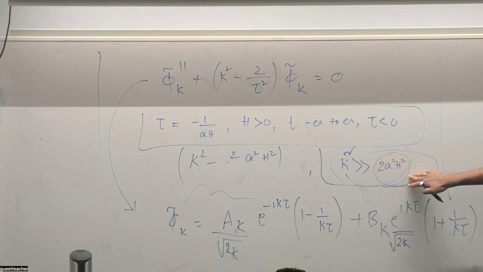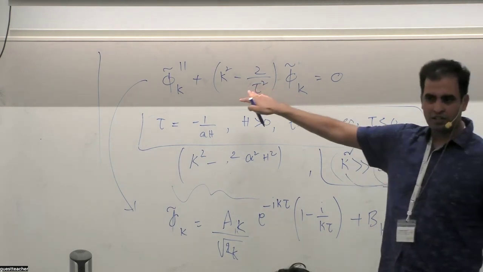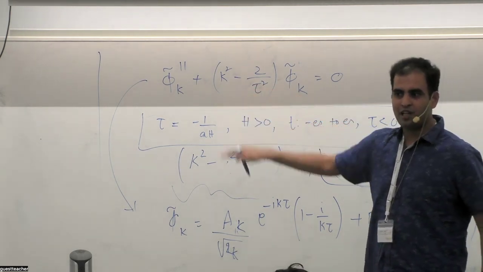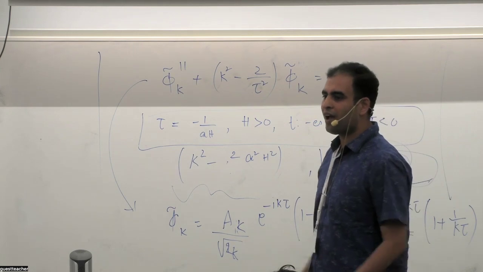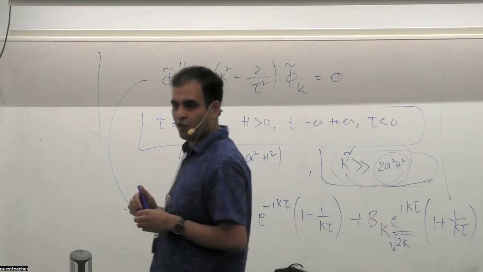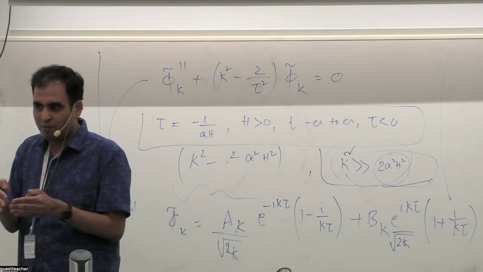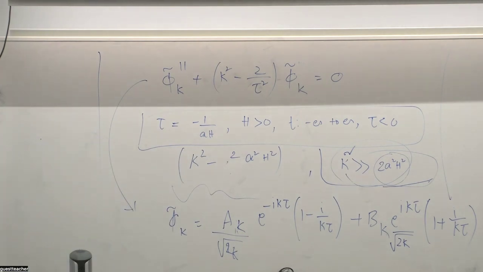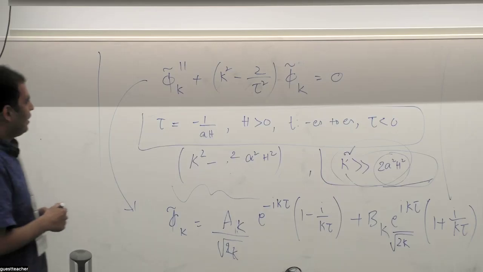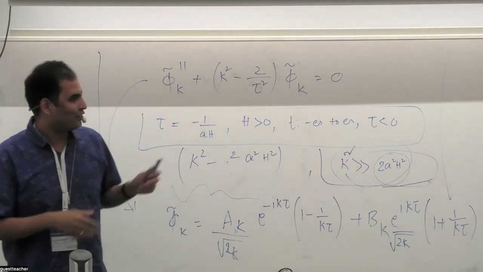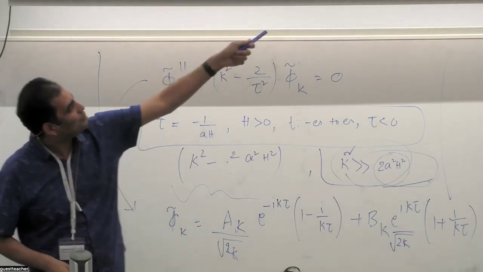Okay, k squared. In this limit, it is Minkowski. In the Minkowski limit, you would want your vacuum to describe the Minkowski vacuum, because in the sub-horizon limit, at short distance scales, you don't see much of the curvature of spacetime. This quantum field is unaware of it.